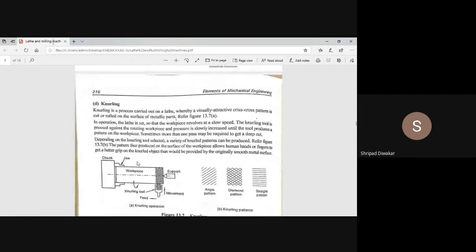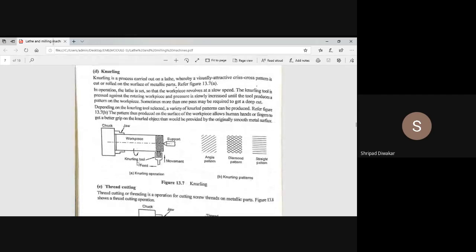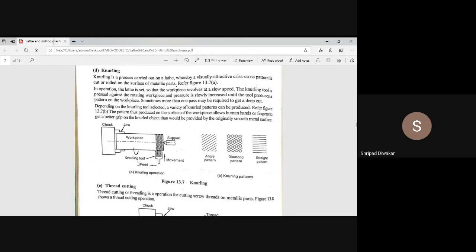Okay, next is called knurling. Knurling means we are going to generate a particular pattern on the workpiece. We have different patterns: one is the angle pattern, second is the diamond pattern, and third is the straight pattern. If you have only plain turning, only the plain diameter, it is very difficult to hold the job, meaning it will be slippery or we cannot hold the job properly.